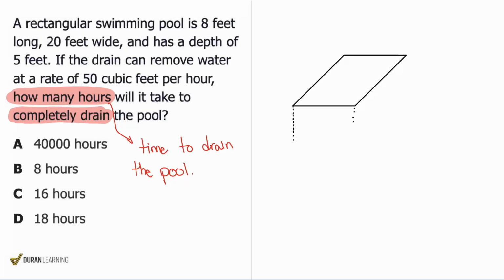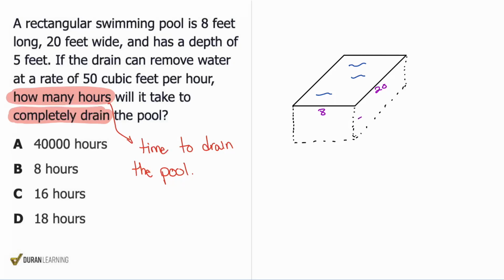If we're looking underground, this is the depth of our pool. This is the surface here and we have the water right there. So there's a lot of water all here, okay? So we have this pool.